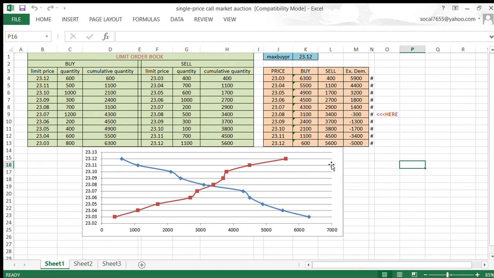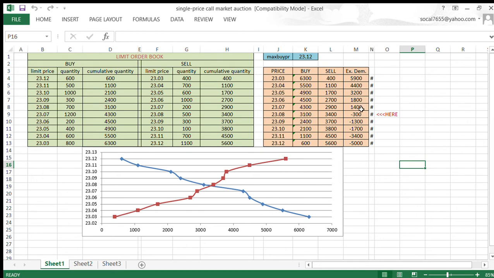And here's the big thing to know. The specialist, generally speaking, has to step in and make a trade to facilitate opening. And how this happens is as follows. The specialist calculates excess demand at each price, and then he looks for the value of excess demand that is closest to zero, okay?